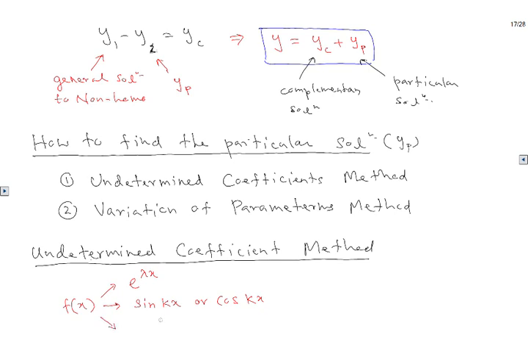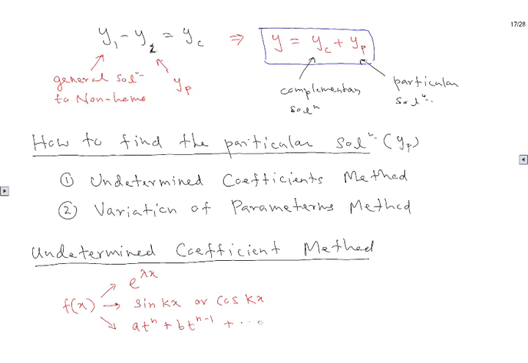And the third type is a polynomial, like for example a t to the n plus b t to the n minus 1, like that. It can be any variable, it doesn't matter. So those are the three types that we can solve using the undetermined coefficient method.